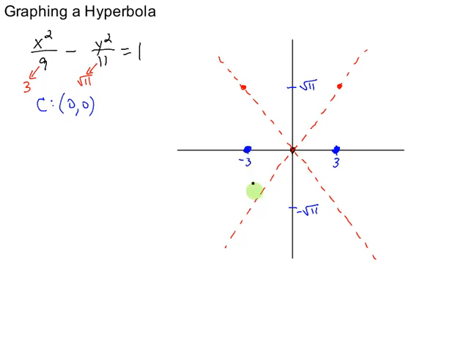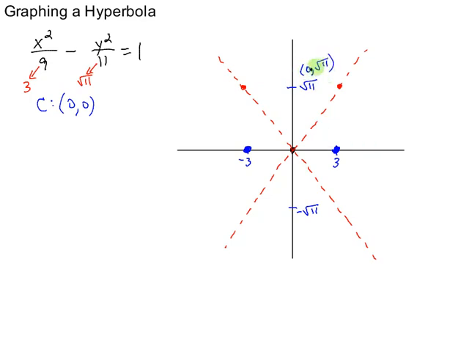Another way you can verify that is this point is 3, 0. That point should make this equation true. So when you plug in 3 for x and 0 for y, it should make it true. And it does. You may want to pause and verify that very quickly. It's also true that this point, this ordered pair, is 0, square root of 11.